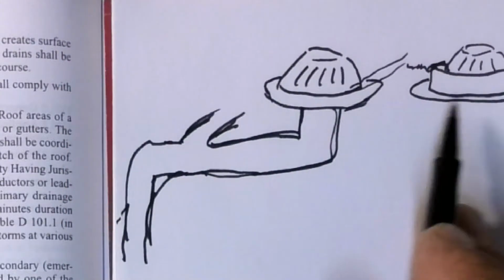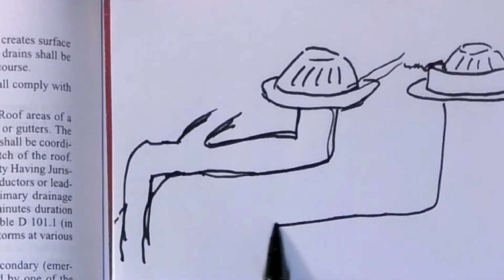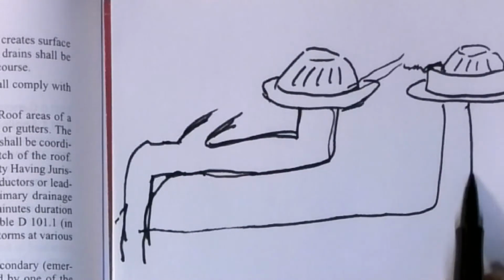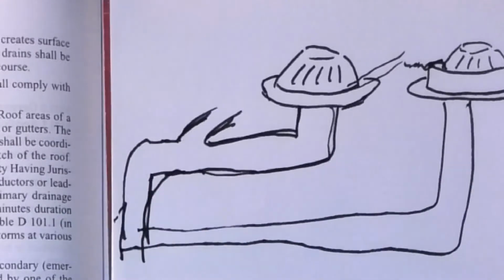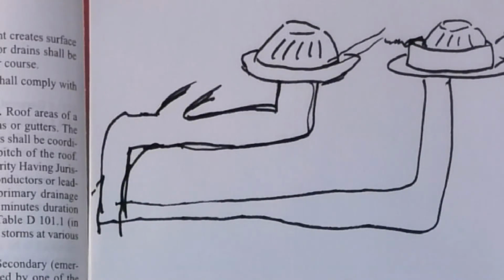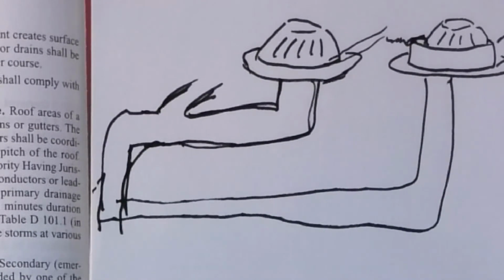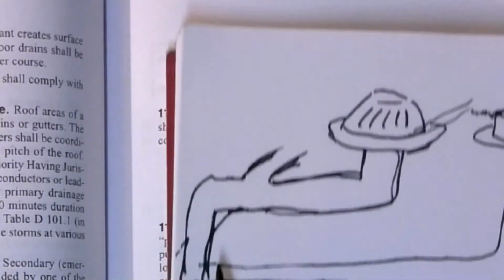So this guy, the secondary, has to come down, come over, and tie in right here. This is the combined system. And the pipe should look a lot better than that in reality, so don't expect your pipe to look as good as this one. It'll look better, actually. So, yeah, it ties in right here.